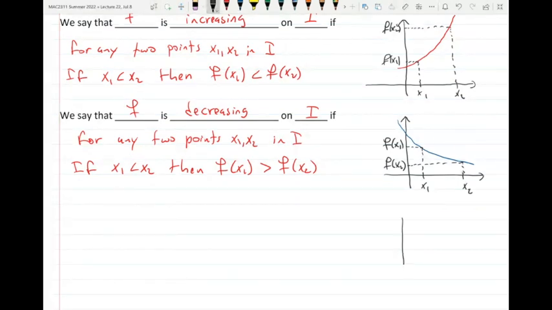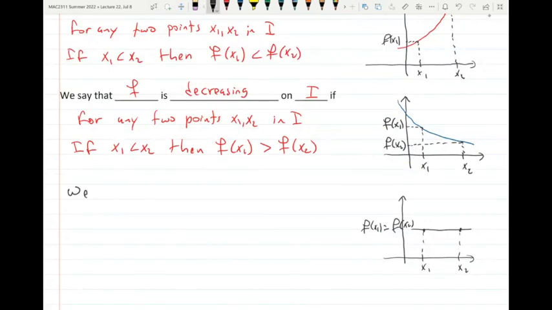So in the picture, how does a constant function look on an interval? Well, it's just the horizontal line, and no matter what x1 or x2 you pick inside that interval, the values of the function are the same. Okay, so here we see that f of x1 equals f of x2.